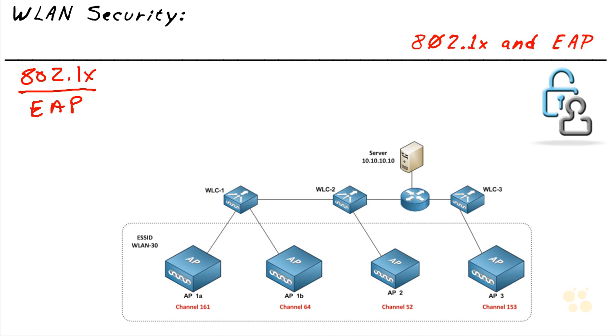We could use usernames and passwords. We can use digital certificates. We can mix and match on both sides. For example, have one side use usernames and passwords and have the other side use a digital certificate. There's lots of possibilities. So with EAP, there are several flavors that we can use, and it would be based upon several factors: how secure we want it to be, how difficult it is to implement, and there's usually a trade-off.